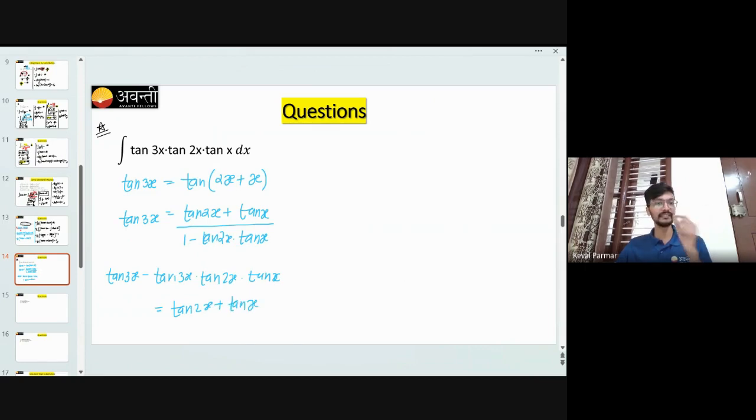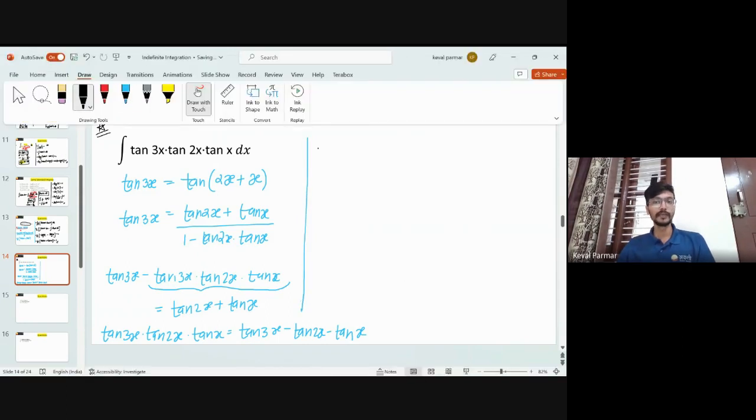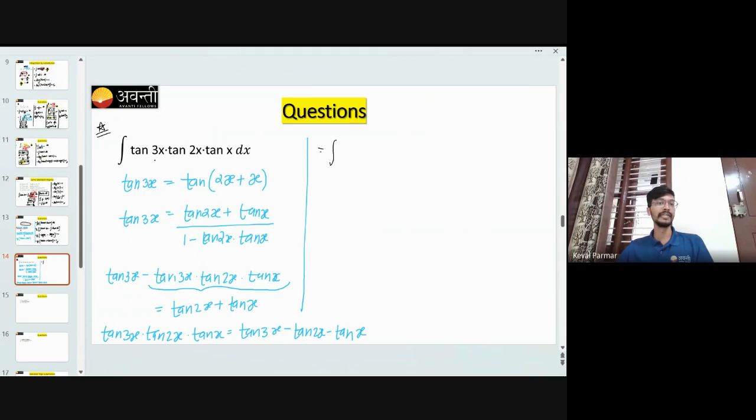If I rearrange this, if I bring this term to the right hand side, it will become positive tan 3x into tan 2x into tan x. And I will bring this to the left hand side, which is equal to tan 3x minus tan 2x minus tan x. Now what have I done? By using trigonometry, I have converted this into integrable form.